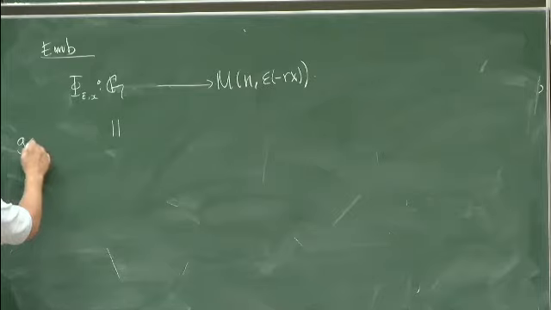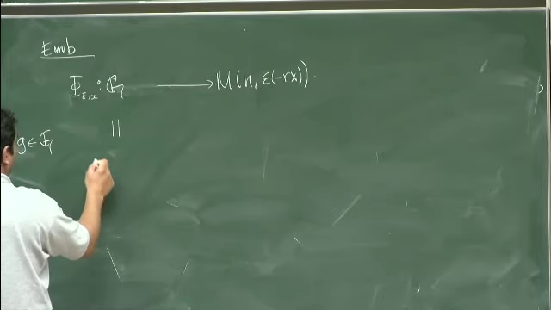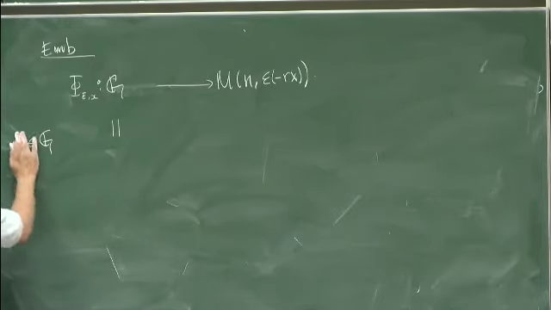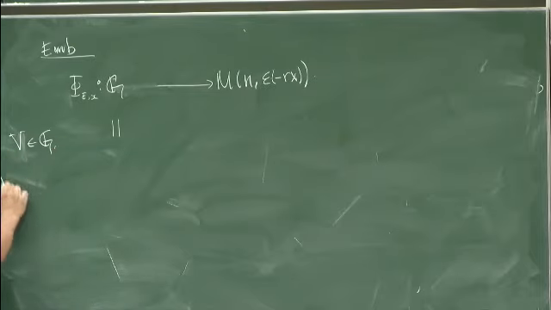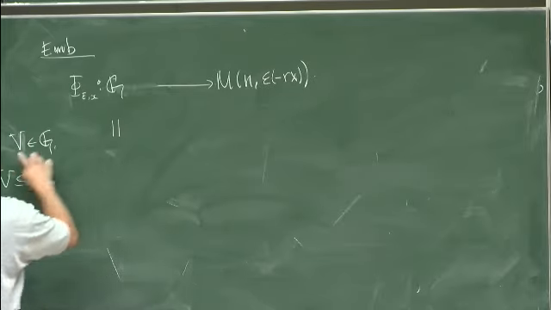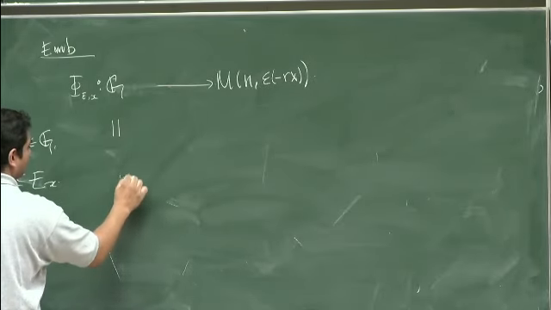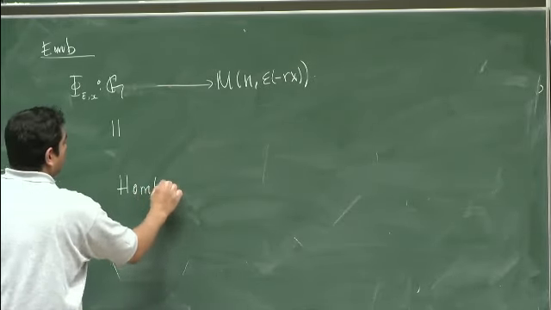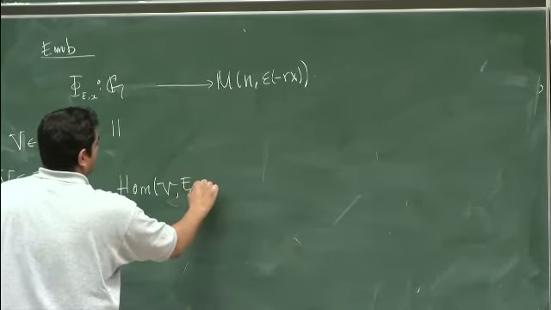If I fix one point in the Grassmannian, the tangent here, I'm going to take a point B here. Then the tangent at the point B is exactly the arm of B.